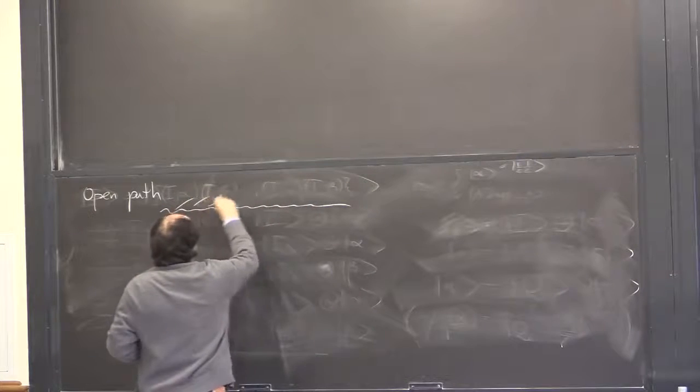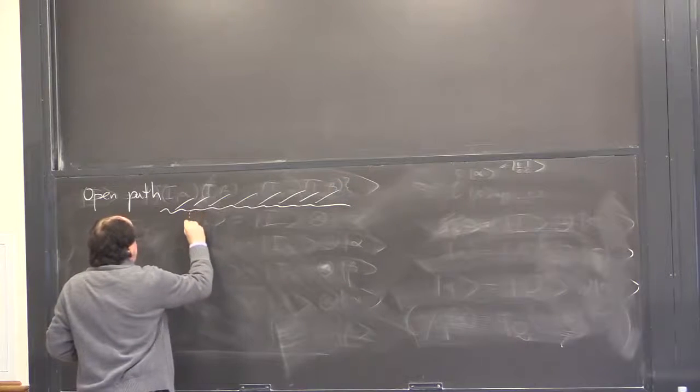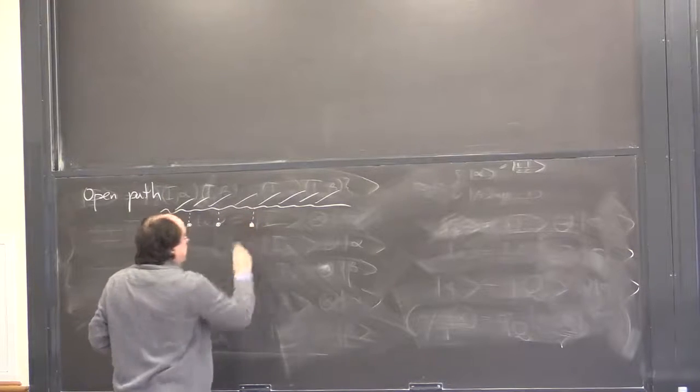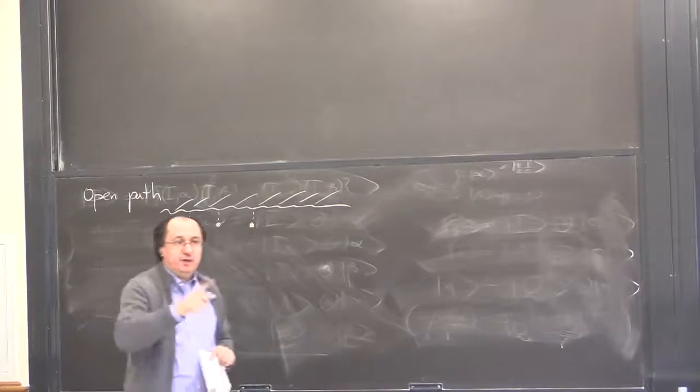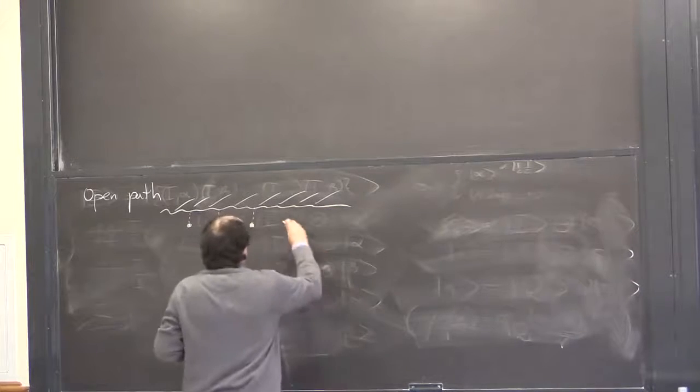You remember, we're drawing pictures like this. We have the rest of the diagram here. And I'm going to have a bunch of vertices, assuming that all of them are spin independent. We're talking about operators which are spin independent.